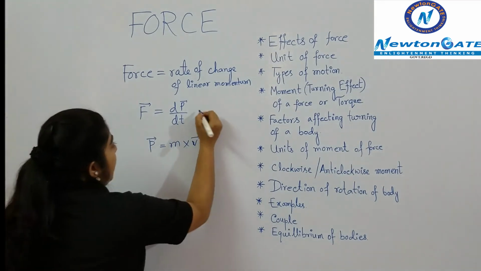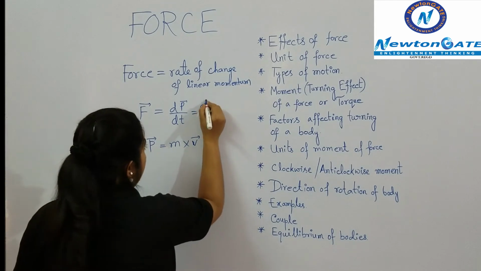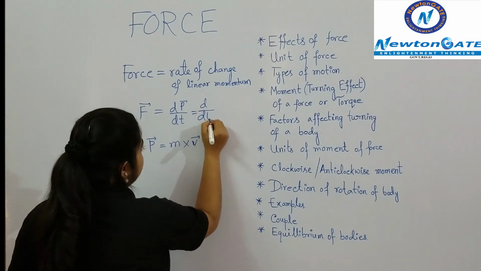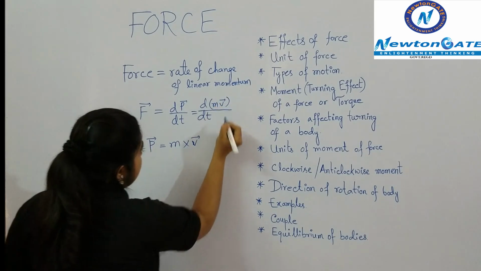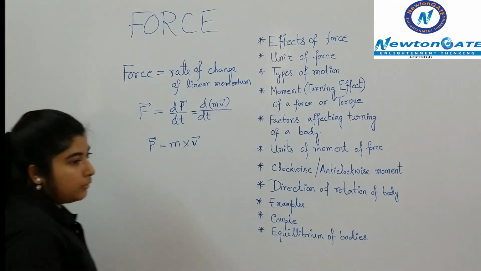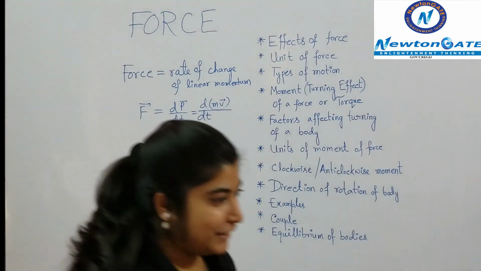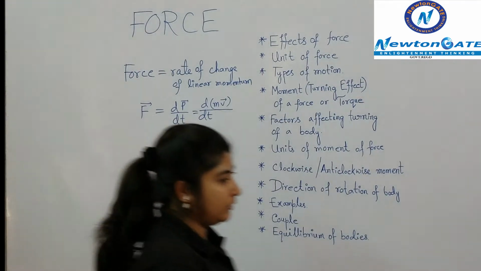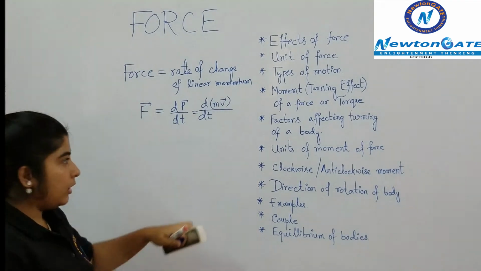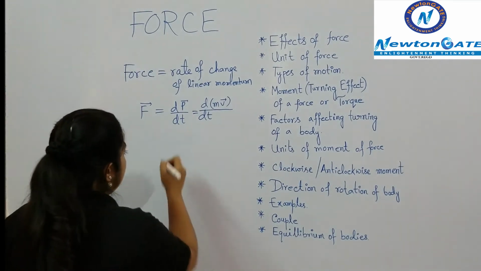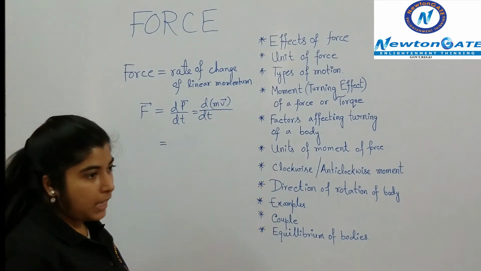So from this equation we can write this as d/dt of m into v. Here m is mass, mass is a constant.